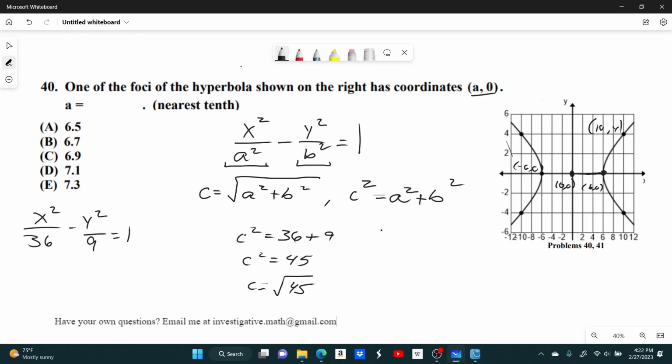And so what that means is that the distance from the center to the foci is going to be 6.7, which since our center is at the origin, means it's just going to be over here. So the coordinate of our foci will be (6.7, 0). And looking at our question, we can see then that a is going to be 6.7.